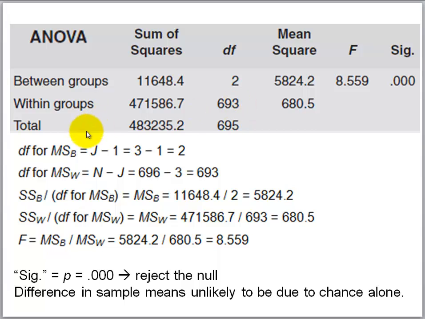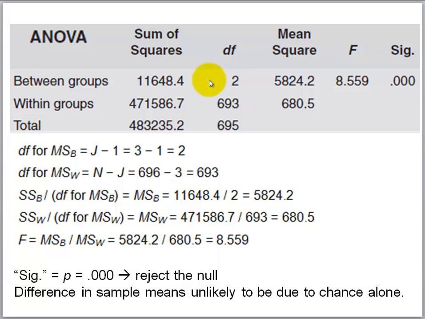Now I haven't mentioned sum of squares yet, and this text simply defines sum of squares as being used in calculating the mean square. So I don't per se demonstrate how to calculate these, but do observe that the mean square comes from dividing the sum of squares by the degrees of freedom.